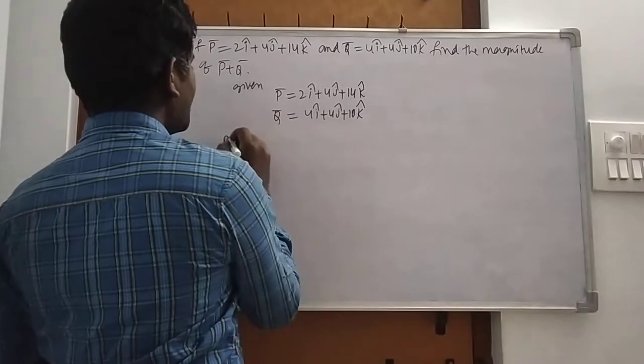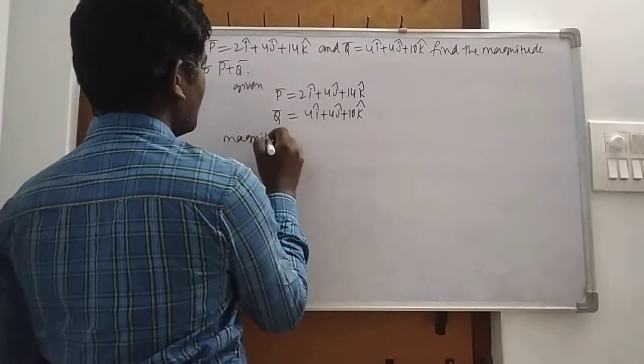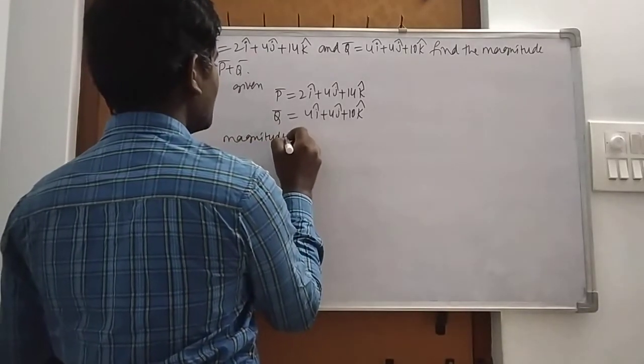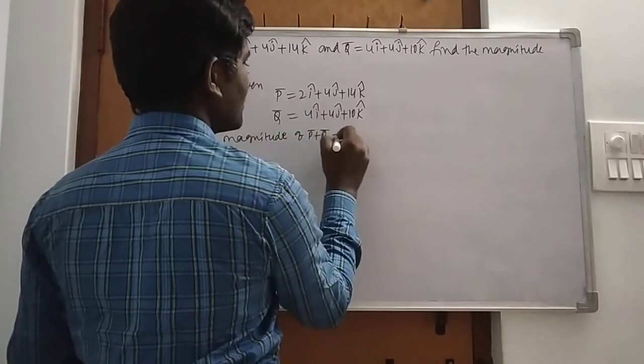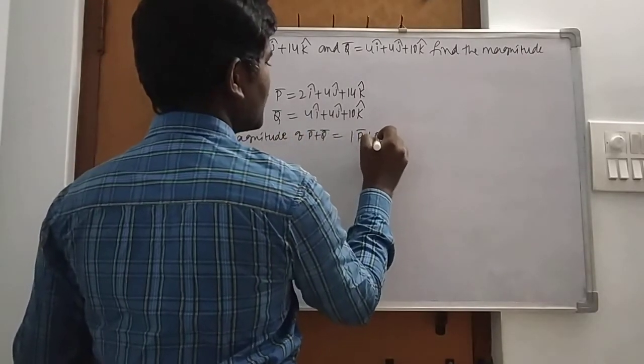The magnitude of P plus Q is nothing but mod of P plus Q.